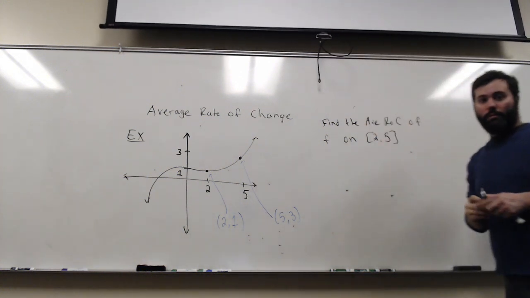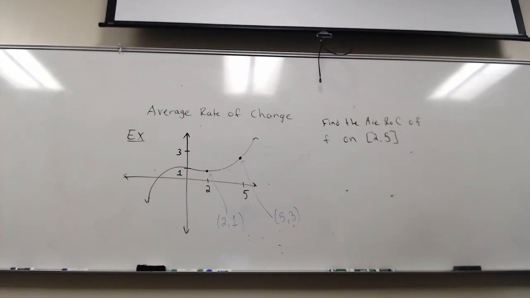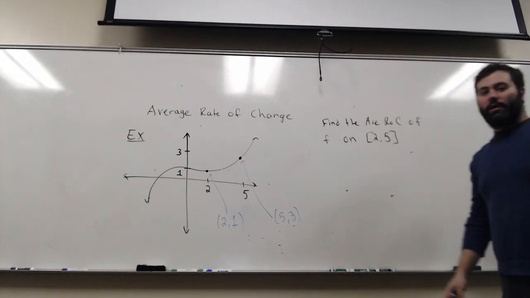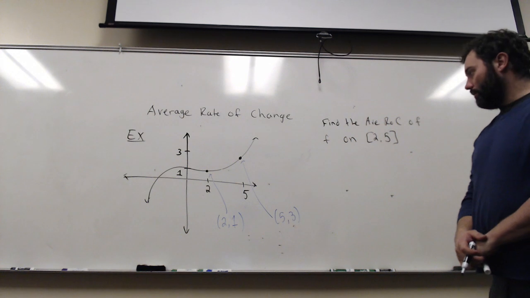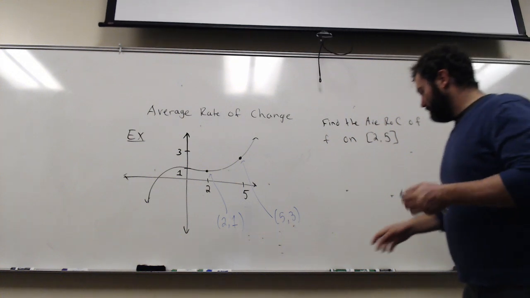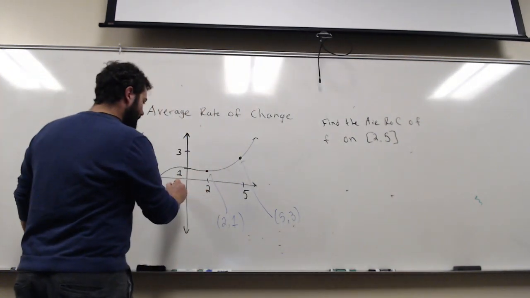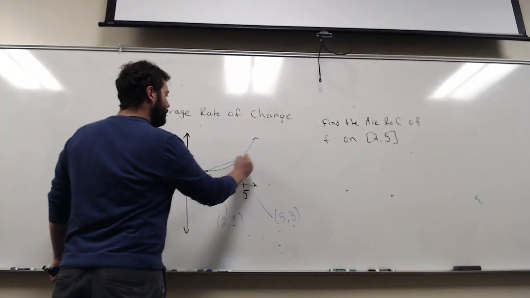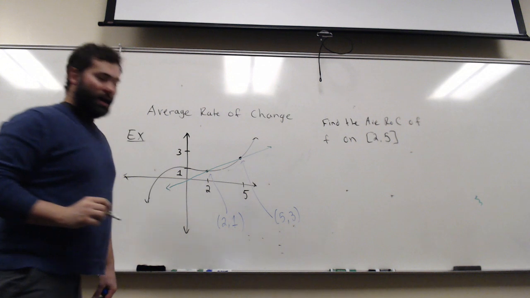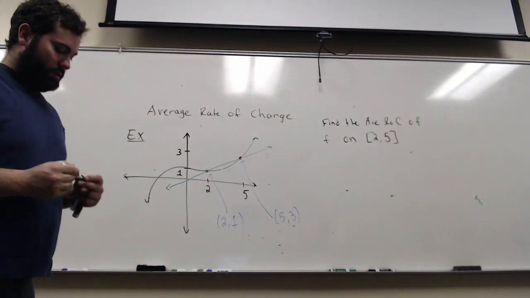There we go. So the average rate of change of f on the interval from 2 to 5, just visually, is going to be the slope of the line between those 2 points.